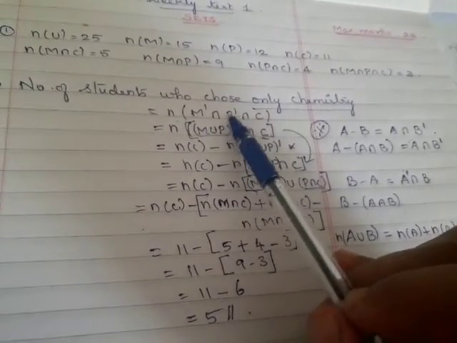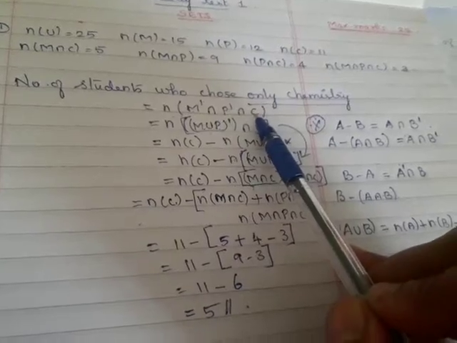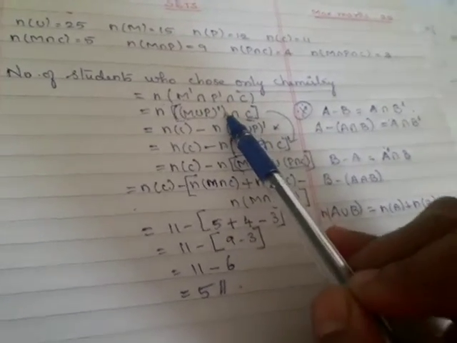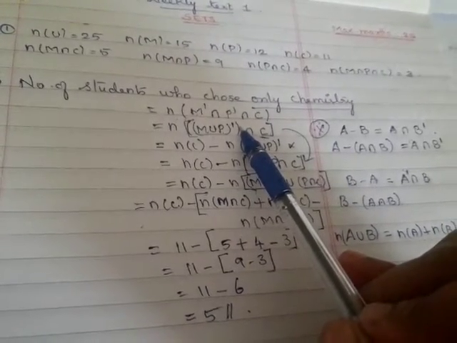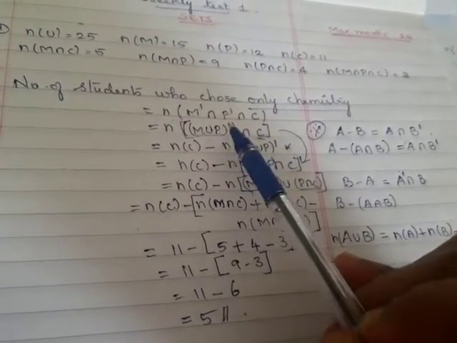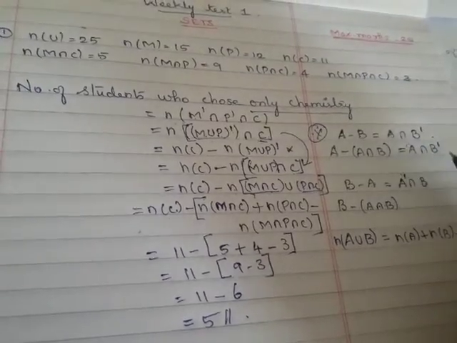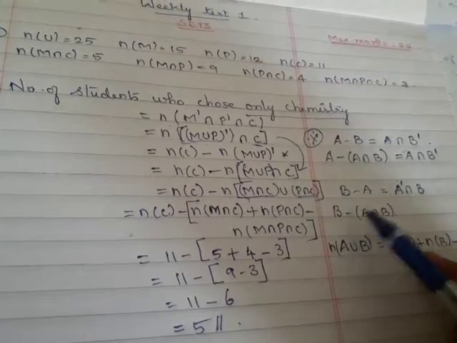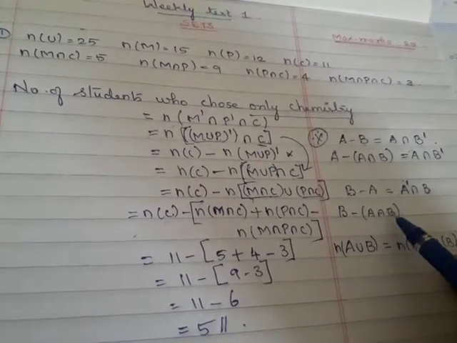So m dash intersection p dash intersection c, and this can be written as m dash intersection p dash using De Morgan's law, which is nothing but m union p the whole dash. Right? Now a dash intersection b means b minus a intersection b.